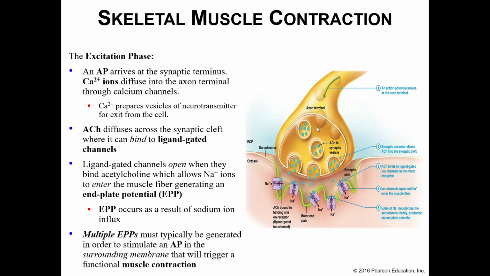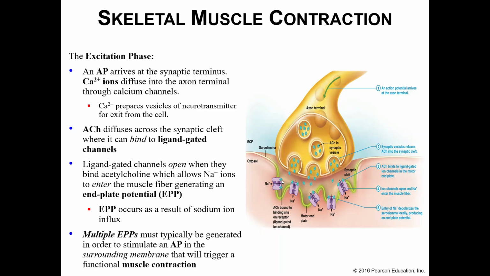When calcium diffuses into the axon terminal, it triggers the release of acetylcholine. So acetylcholine will be released into the synaptic cleft, where it wanders over to these ligand-gated channels and binds to the receptors.